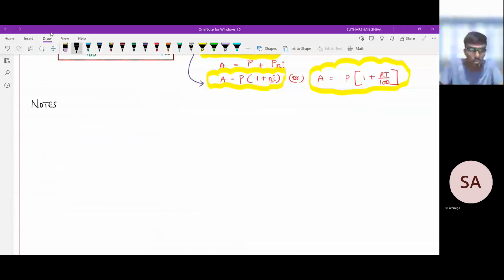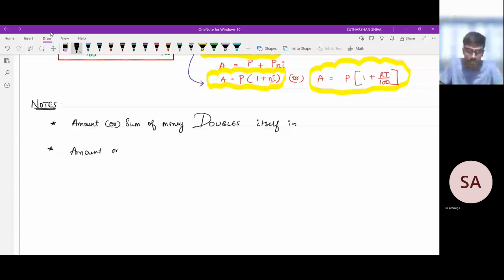Suppose in your question they say an amount or sum of money doubles itself in how many years, or a sum of money triples itself in how many years.